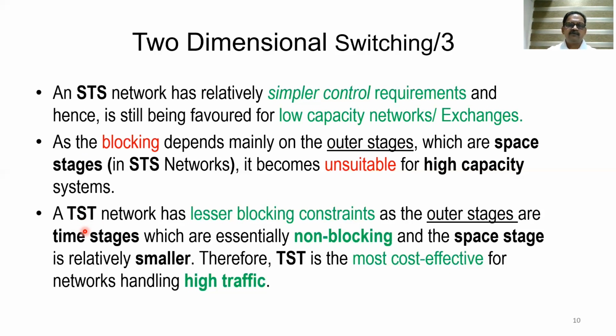Therefore TST is the most cost effective for networks handling high traffic. So if you compare STS and TST, TST is the most cost effective for networks handling high traffic because of its non-blocking feature in the input as well as in the output, and because of the minimizing of the space stage.